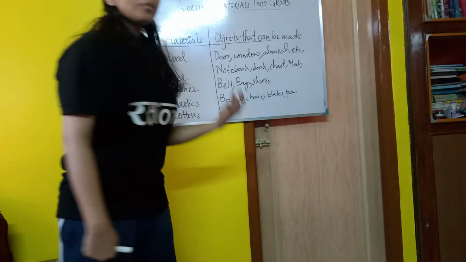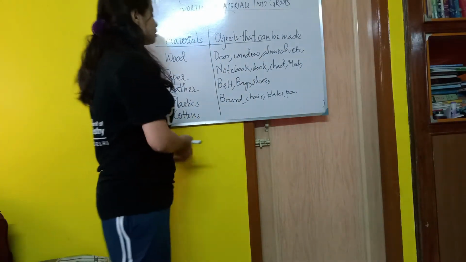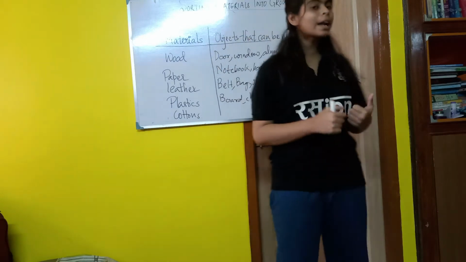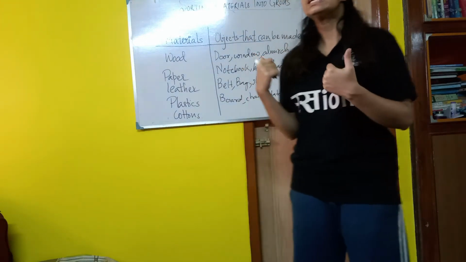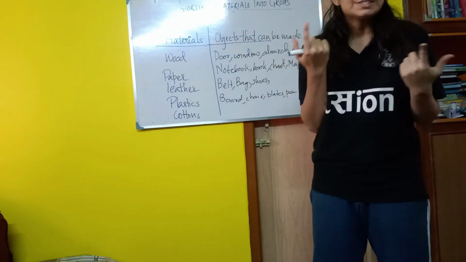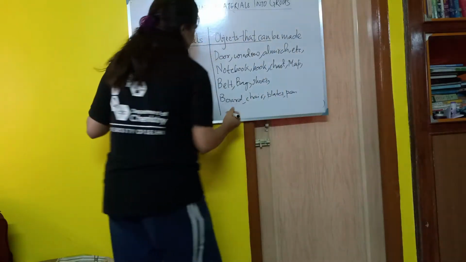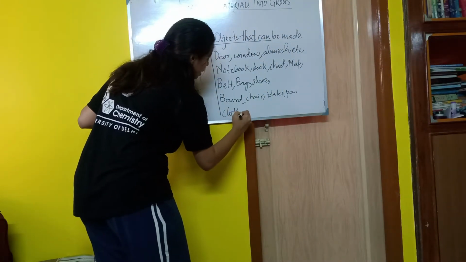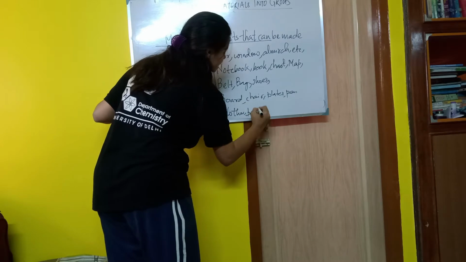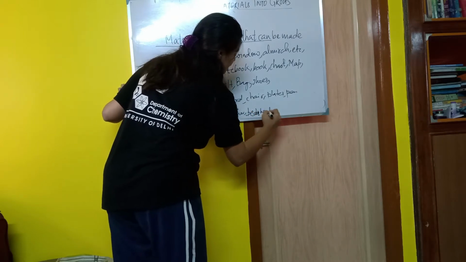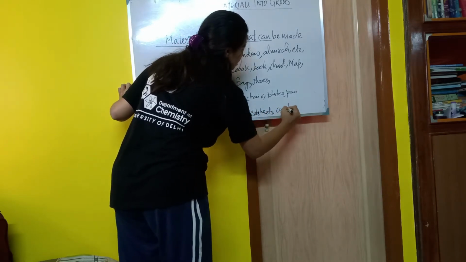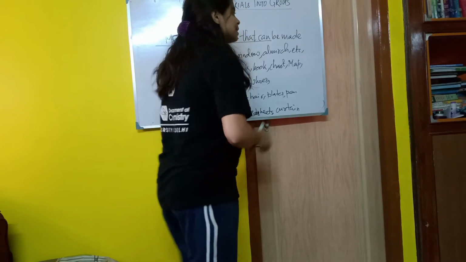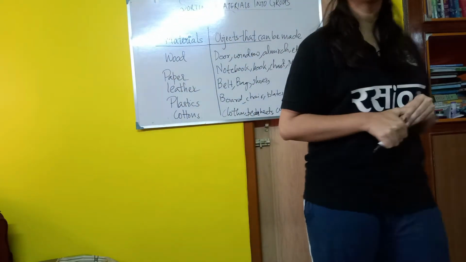Now what can we make from cotton? Cotton is a kind of fiber which we use to make clothes. So we can make clothes, bed sheets, curtains. These are the objects that we can make from cotton.